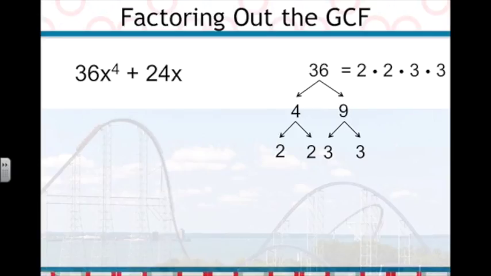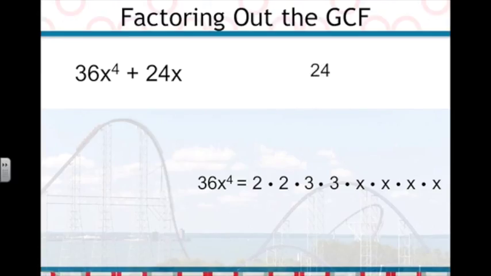If we expand the x to the fourth, we can write the term 36x to the fourth in its completely factored form: 2 times 2 times 3 times 3 times x times x times x times x. 24 is the second coefficient, which we can factor into 4 times 6.